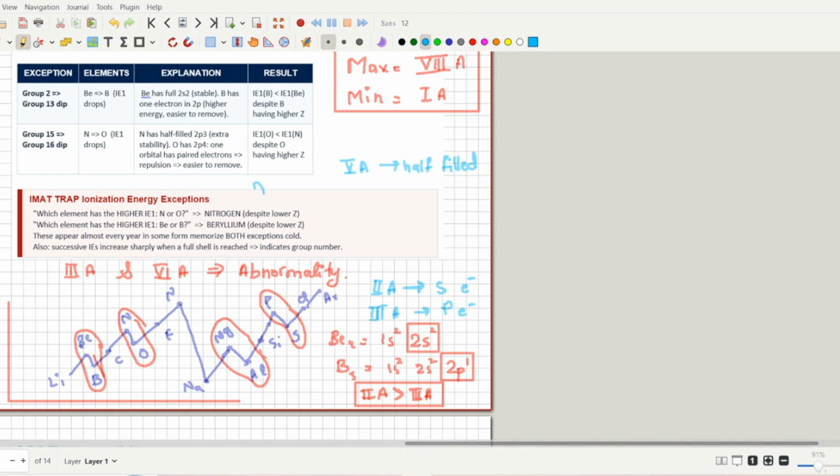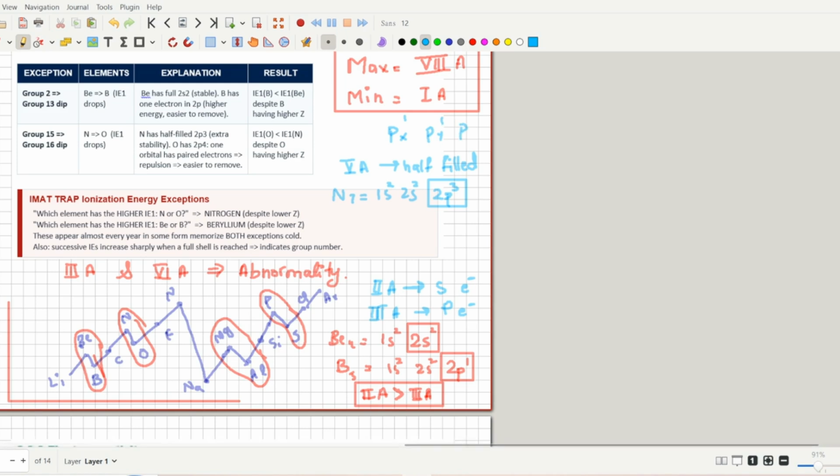Let's write down the electronic configuration. Nitrogen has 7 electrons. Its electronic configuration would be 1s2, 2s2 and then you will have 2p3, right? You know that the p orbital can hold 6 electrons and here it has a half filled subshell. It will have px1, py1 and pz1. But if we talk about oxygen, oxygen will have 1s2, 2s2 and then 2p4.